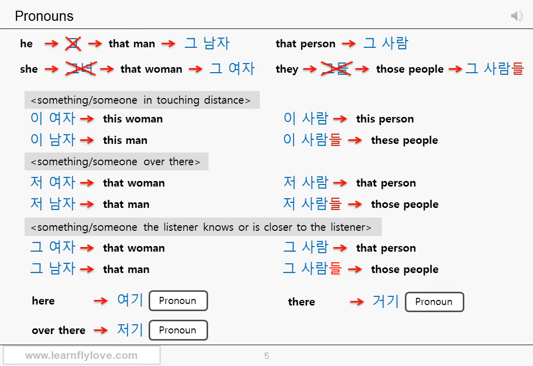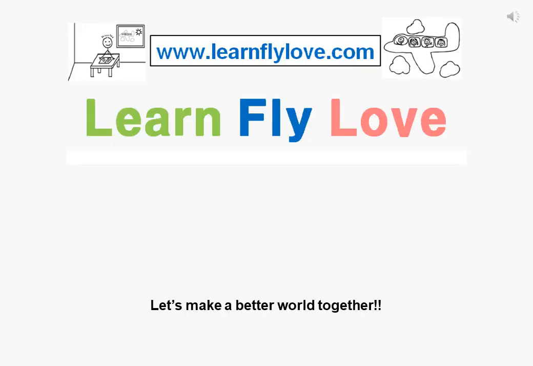There, the place where the listener already knows, or the place or spot closer to the listener. 거기. 여기, 저기, 거기 are pronouns in Korean and cannot be an adverb. If you want to use them as an adverb, you need a particle. You know that, right? I haven't decided what I'm going to teach in the next lesson, but it will be about different sentence patterns and particles anyway.